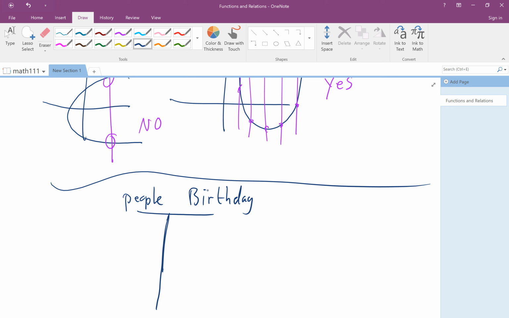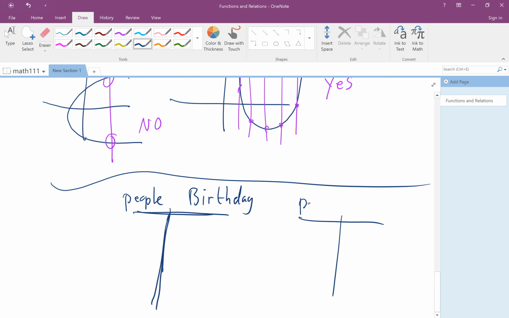Maybe. Give me an example where it's not. A person can only have one birthday. So it has to be a function, right? Now I suppose you might say, well, what about February 29th or something like that, but for the most part, this is going to be a function. We're okay there.